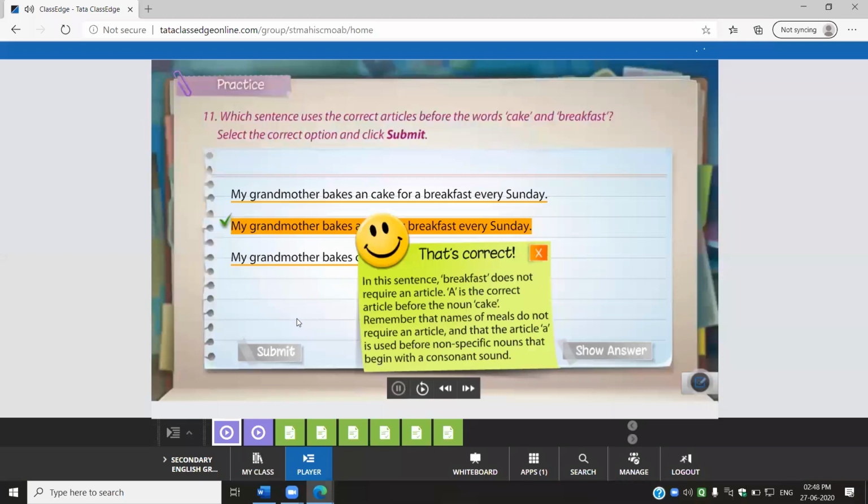That's correct. In this sentence, breakfast does not require an article. A is the correct article before the noun cake. Remember that names of meals do not require an article, and that the article a is used before non-specific nouns that begin with a consonant sound.